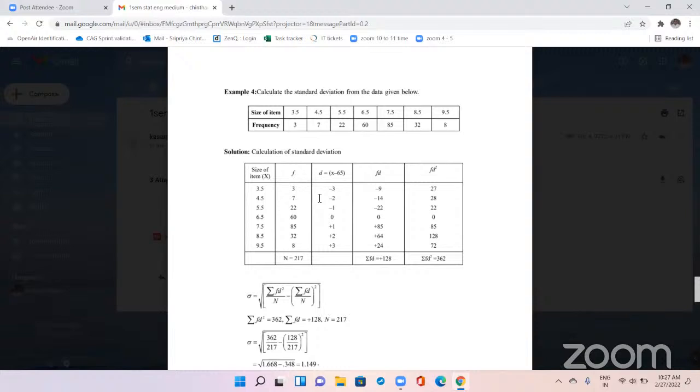Okay. So D is equal to X minus A. A is 6.5, one minute. Here is a printing mistake, 3.5 minus.